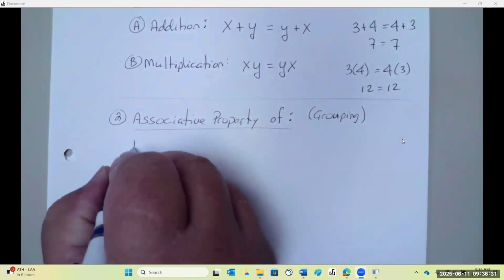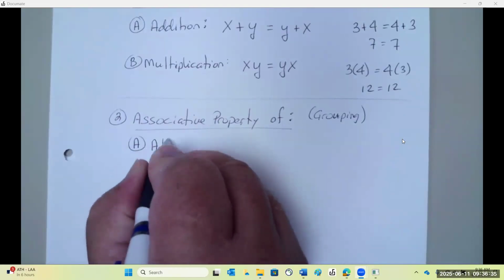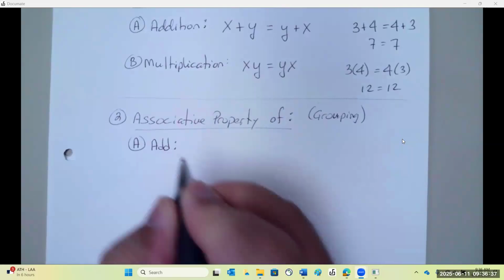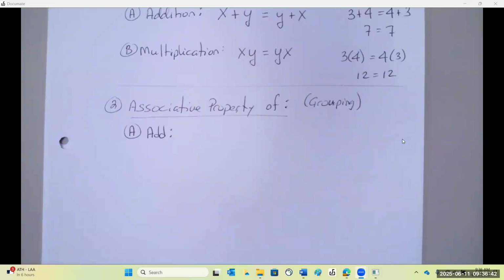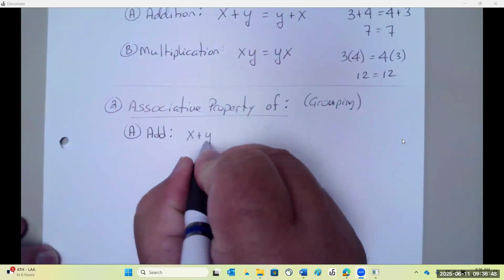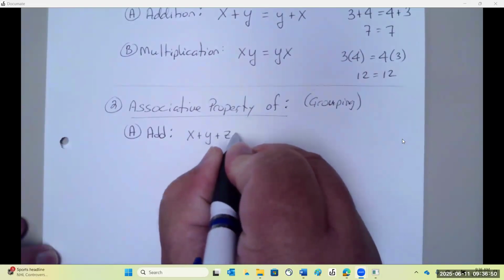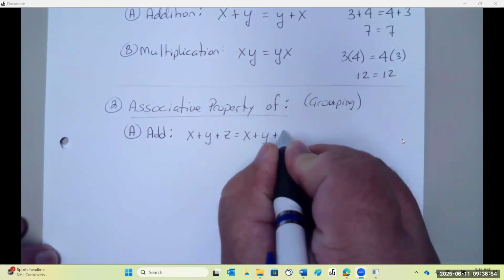Because it's got a colon, we have two of them. We have the associative property of addition. Because now we're making larger groups. So here we have x plus y plus z is equal to x plus y plus z.